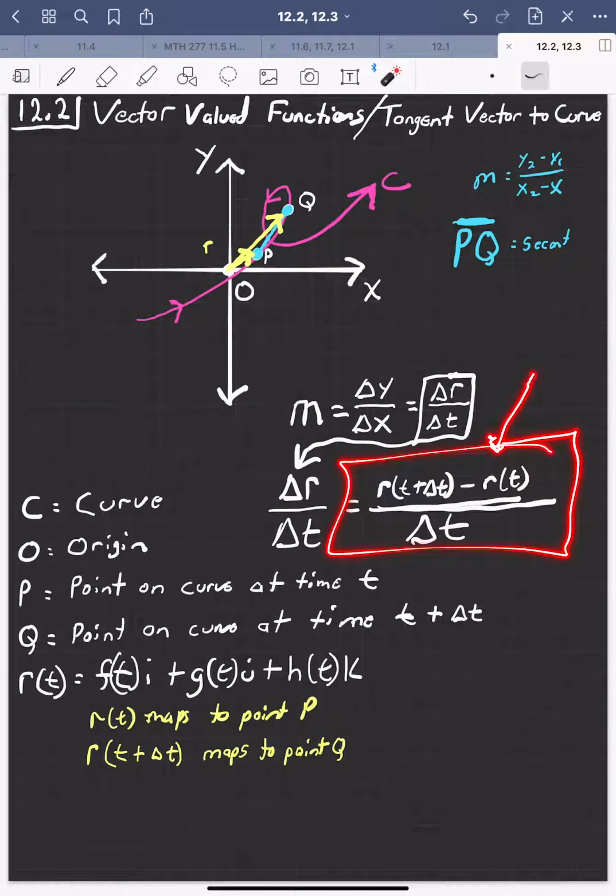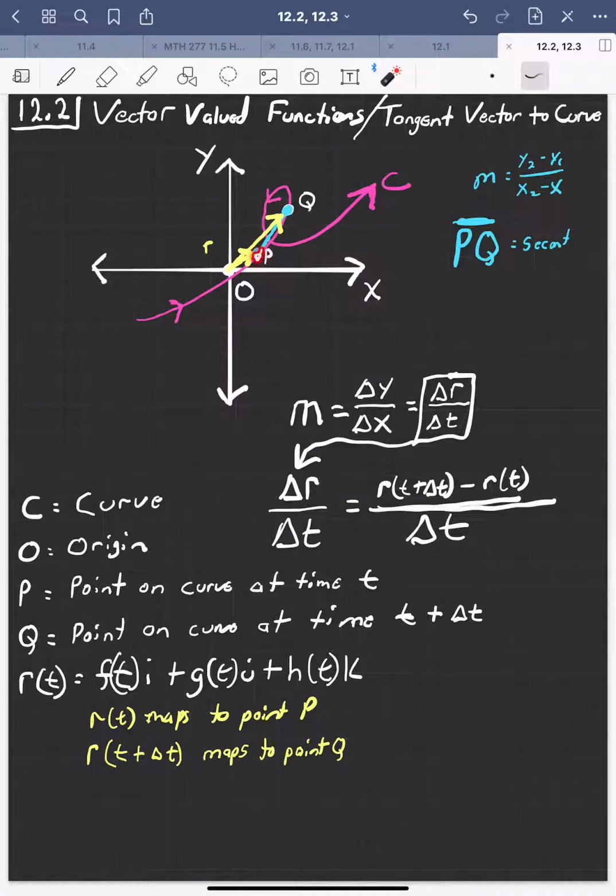Does that look familiar? Don't you remember f of x plus delta x minus f of x over delta x? Wait a minute, that looks like something you've encountered before. And now, all you have to do is, since we don't care about the average velocity, right?